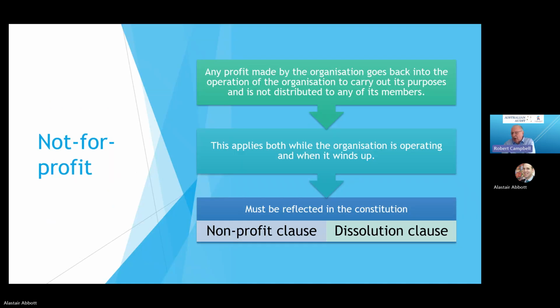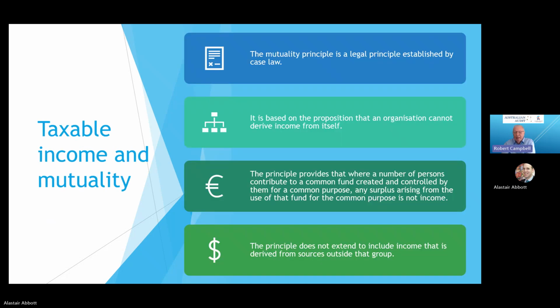Any profit made by an organisation goes back to the operation of the organisation to carry on its purposes, and it's not distributed to any of its members. This applies both while the organisation is operating and when winding up. So there has to be a not-for-profit clause and a dissolution clause in this entity's constitutional rules. Next page. So mutuality law is a legal principle established by case law.